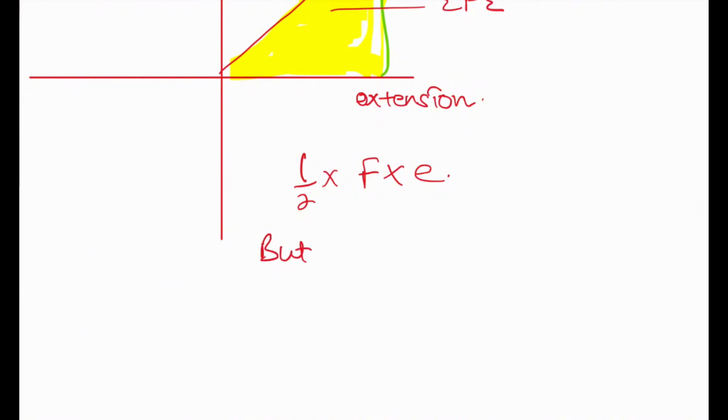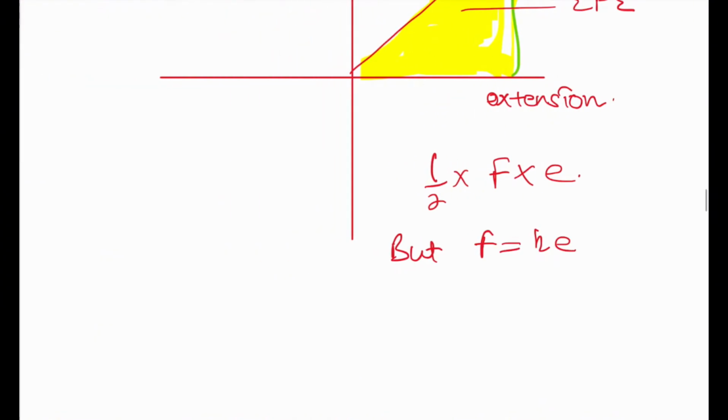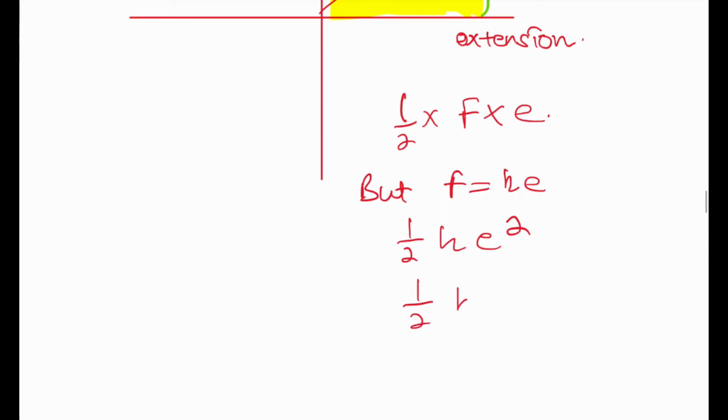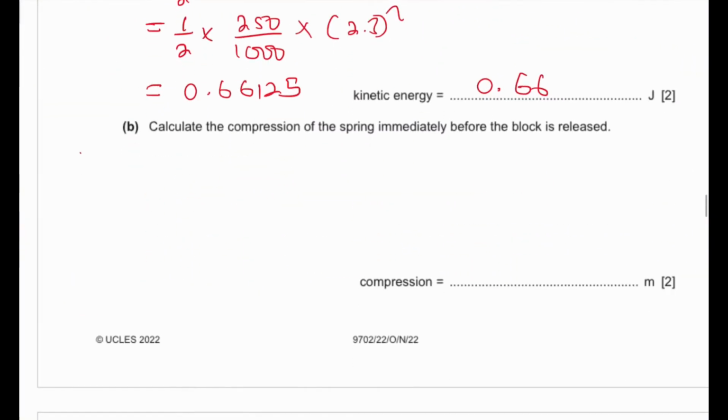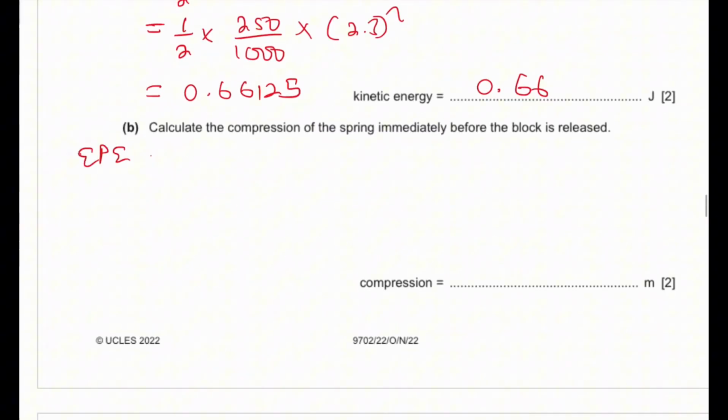But from Hooke's law, we know that force is equivalent to Ke. Hence, it will be 1/2 Ke squared, most popularly known as 1/2 Kx squared. So elastic potential energy is 1/2 Kx squared. Just stating this alone gives you 1 mark, so don't forget to state the formulas if you know them.